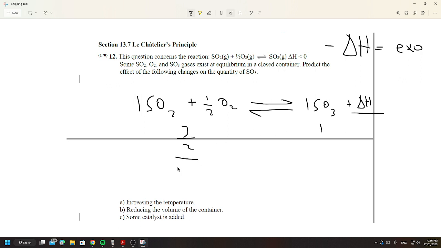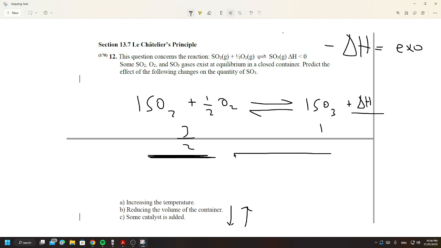So this side, just know that reactants here have a higher coefficient than the products. So if we reduce the volume, the system will try to increase the volume. Therefore, we're going to be producing more of the side that has the higher coefficient.